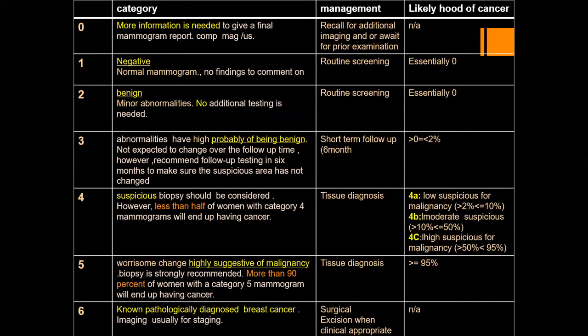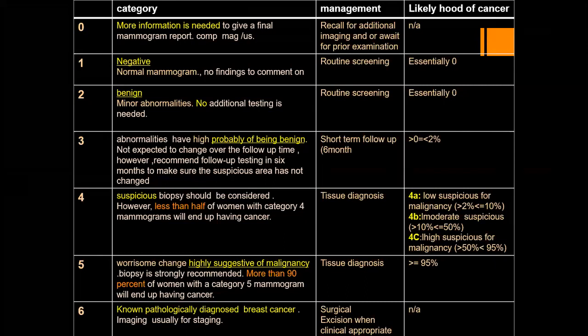0 means that more information is needed, the study is not complete, recall for additional imaging and wait for prior examinations. BIRADS 1 is negative, a normal mammogram, just return the patient to routine screening, essentially 0 likelihood of cancer.